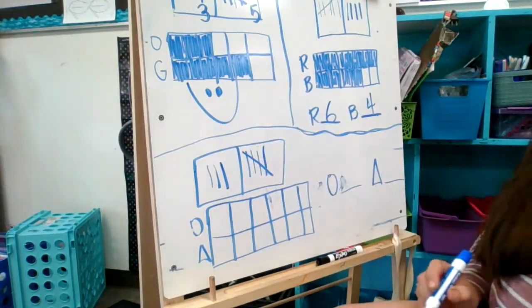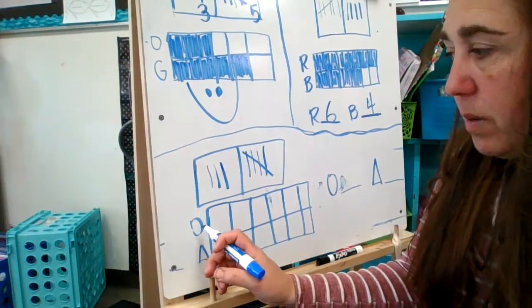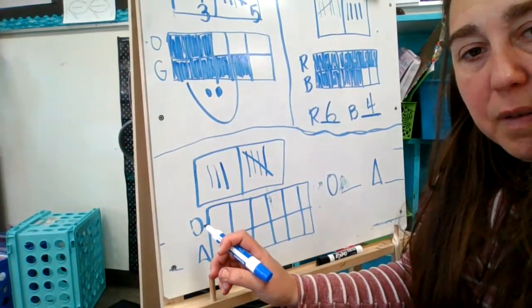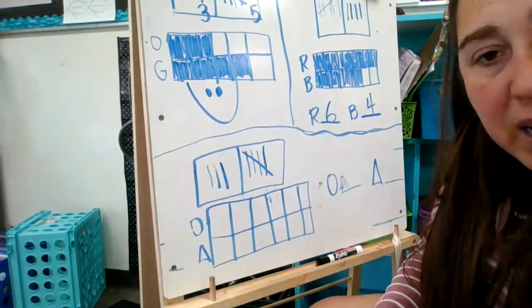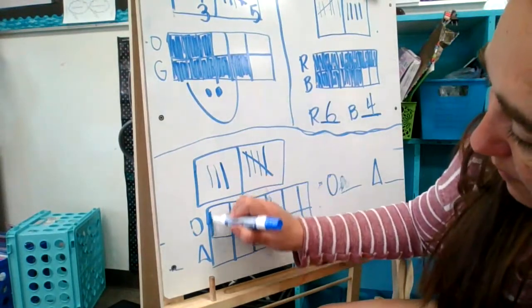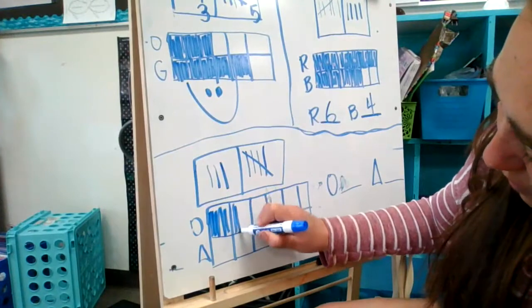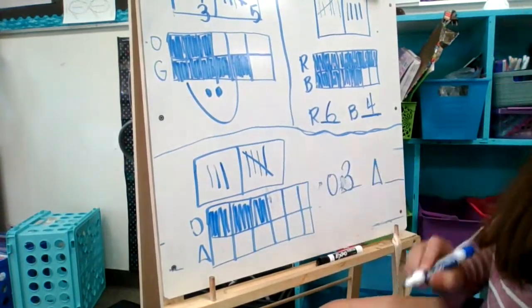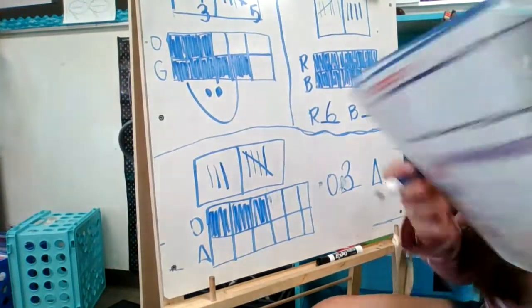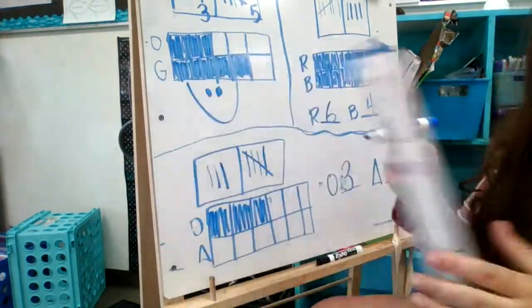All right. So for the circles, how many circles did we have? 3. So how many boxes do I need to fill in on my graph? 3. Awesome. 1, 2, 3. And I'm going to go ahead and write a 3 next to my circles down below. Down here I'll write a 3 to show that I have 3 circles.